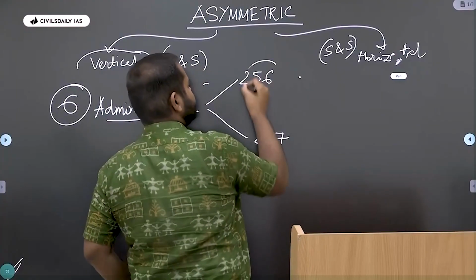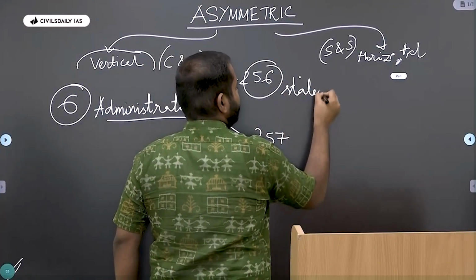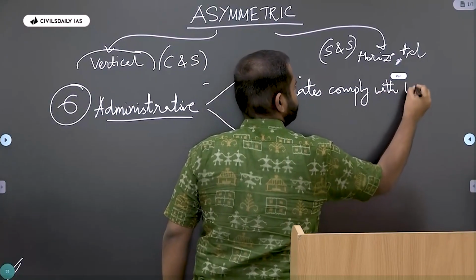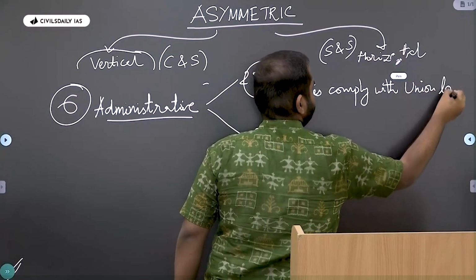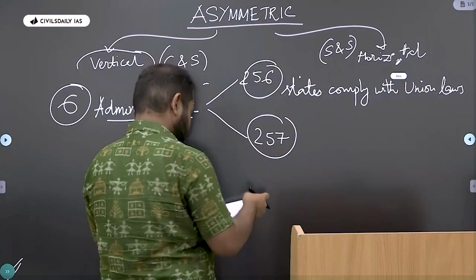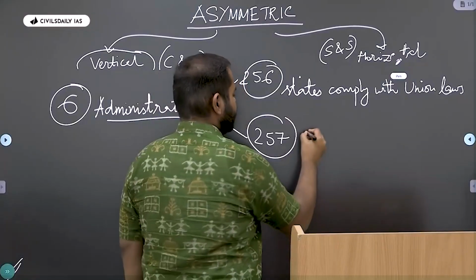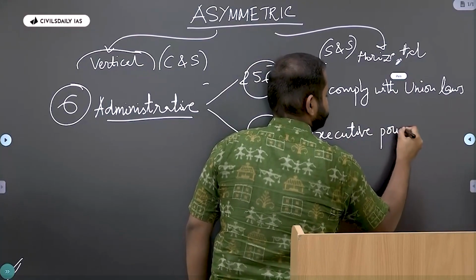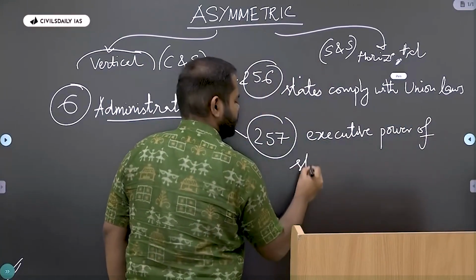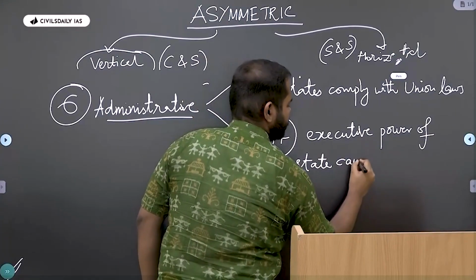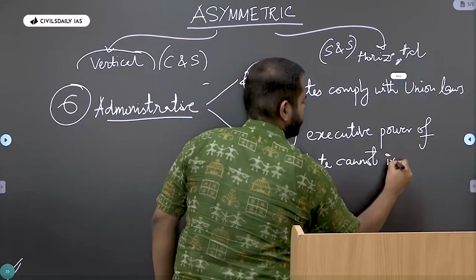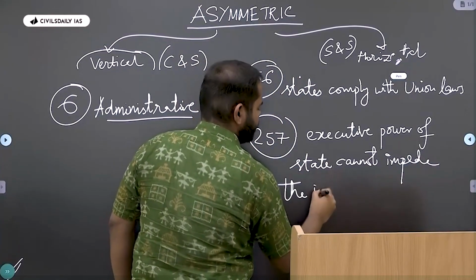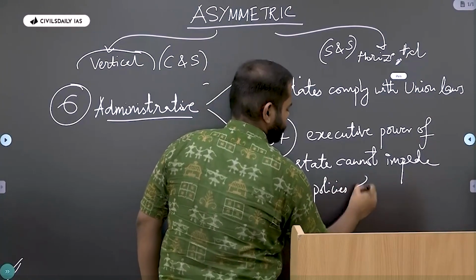Article 256 is basically that states have to comply with Union laws, and 257 says that the executive power of the state cannot impede the policies of the center.